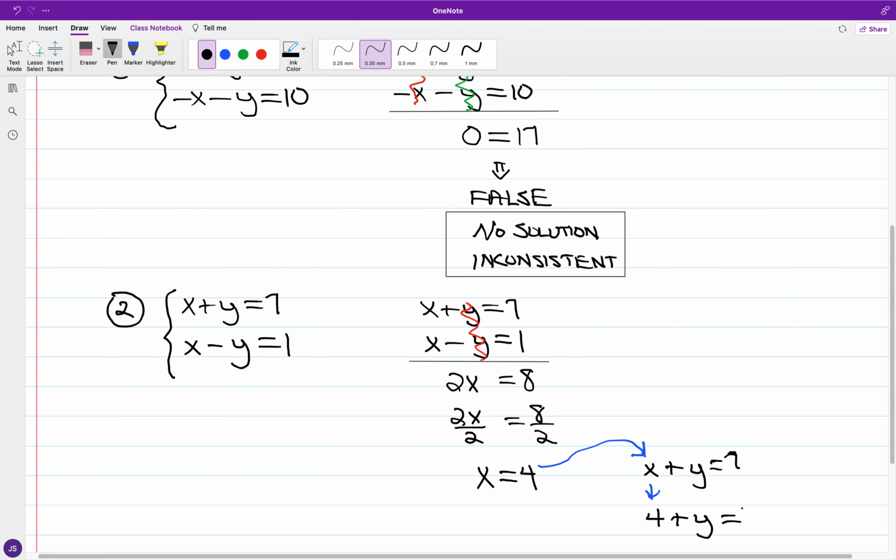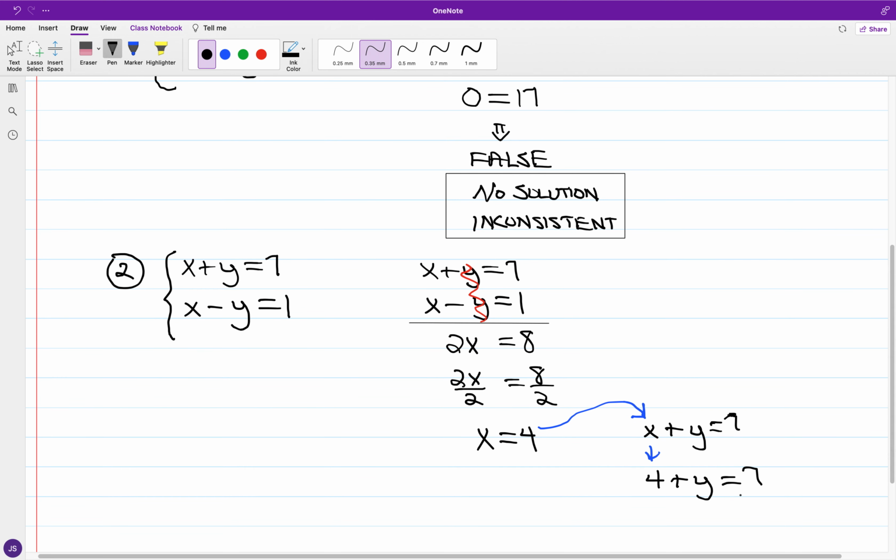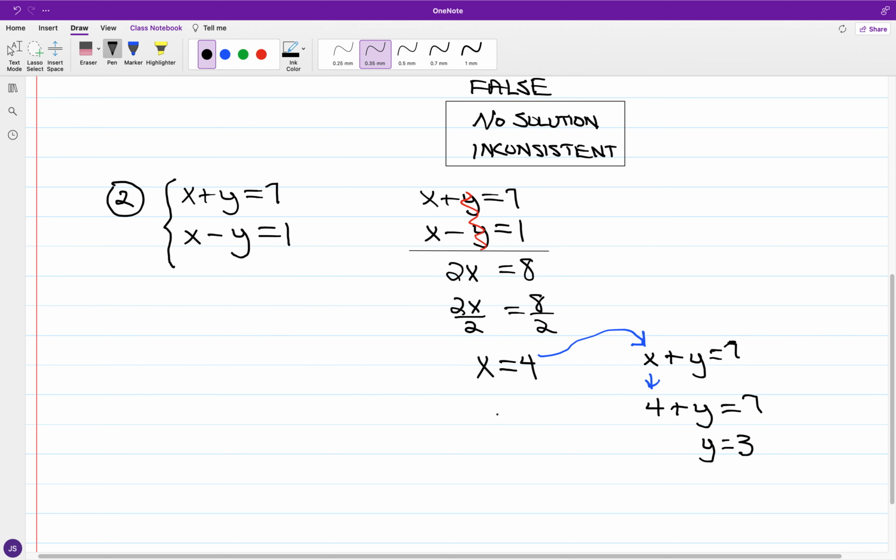So 4 plus y is equal to 7, and from this we have that y is equal to 3. So x is 4, y is 3. 4 plus 3 is 7, and 4 minus 3 is equal to 1.